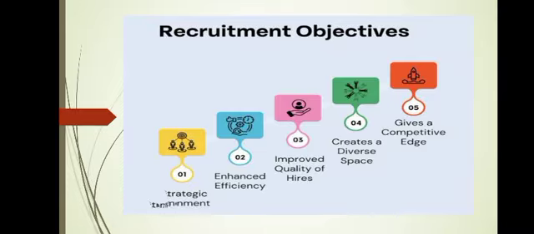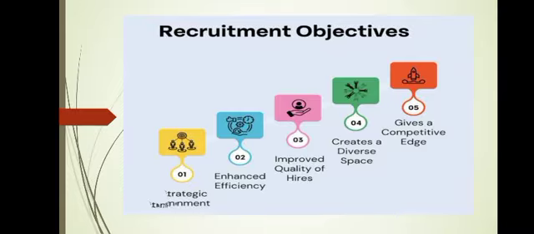To forecast the human resource requirements of the organization, use various statistical and other tools, whatever you have. But ultimately you have to forecast the requirement of human resources. How many employees are needed? When do we need them? What kind of employees are required? So this you have to forecast.